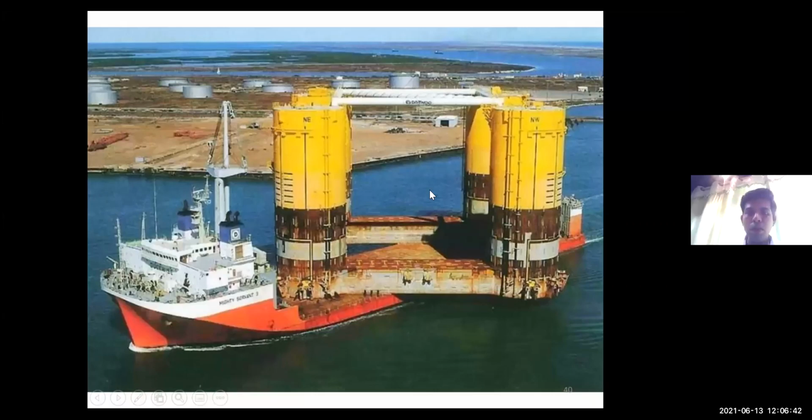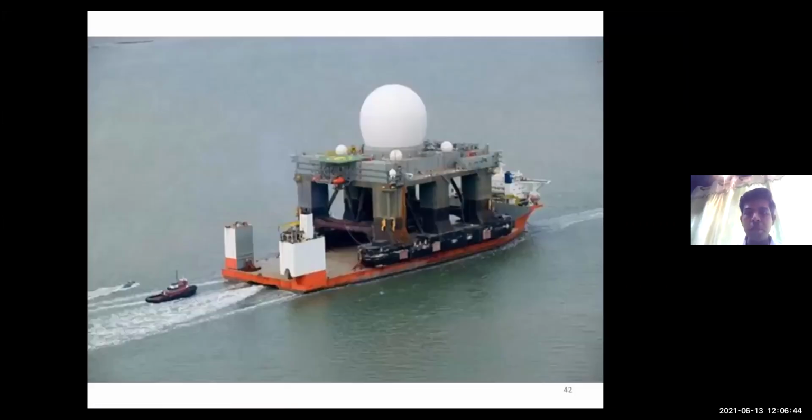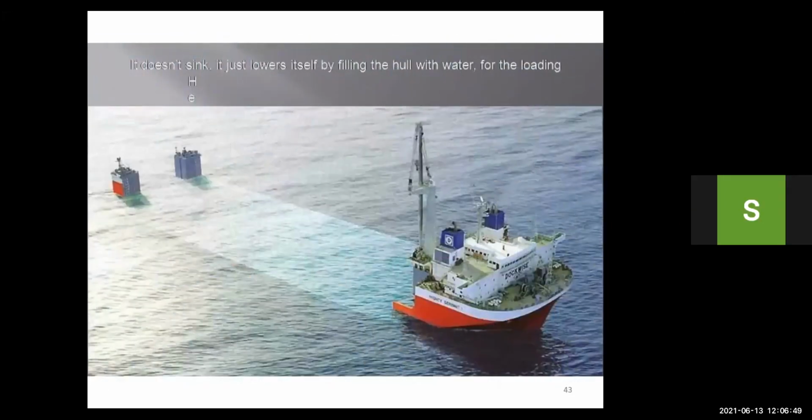So these are all specialized vessels. And sir, for repairing of all these ships, do we have better infrastructure, or do we have to send our ships to other countries for complete repairing? As far as the naval ships are concerned, they do most of their repair job in Visakhapatnam dry dock or yard.